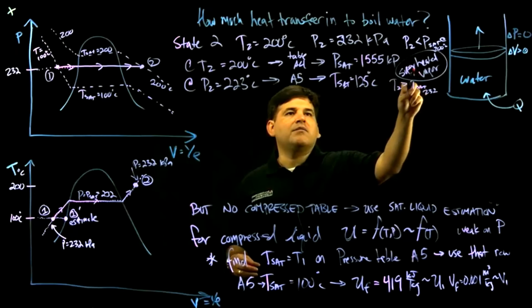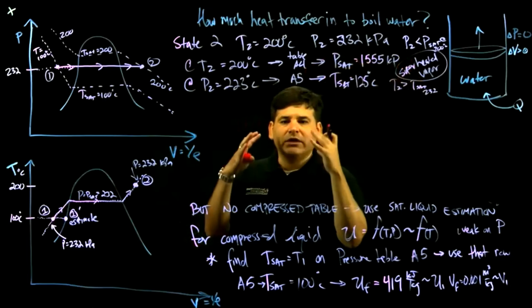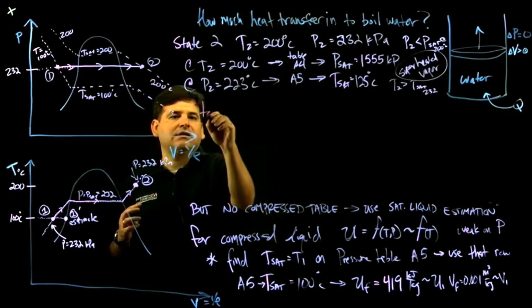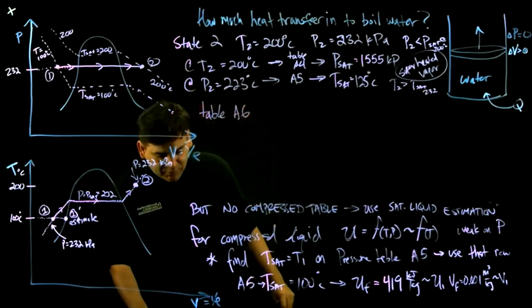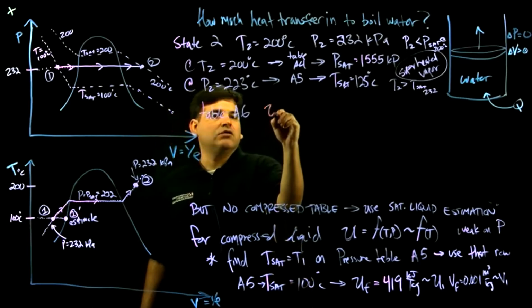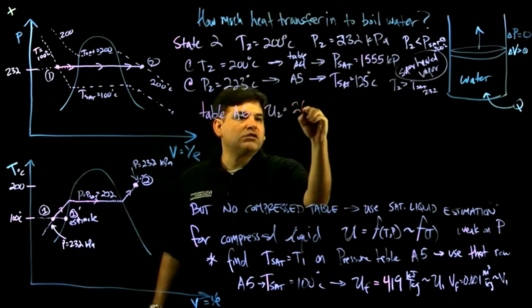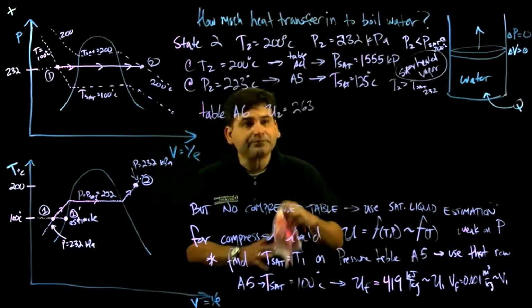Okay, so this table is straightforward. We can look that up. We know the temperature, we know the pressure, we know we're superheated. We can look up on table A6, superheated vapor table, and look up those values. What are those values? U2 equals 2653.